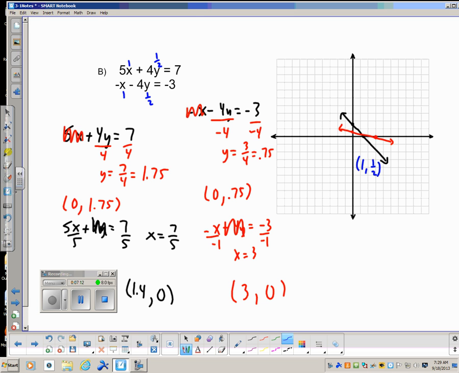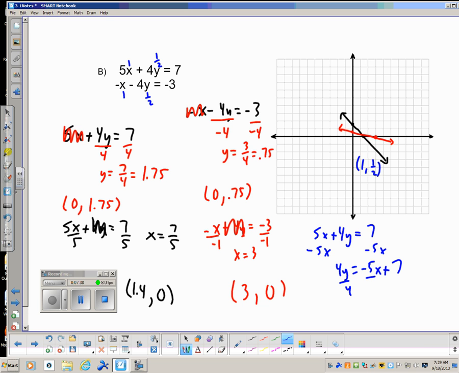The other thing would be to put it in y equals mx plus b form, but that can get kind of messy to graph, just because you've got a 5 in front of the x there, but we could do that. For this one, we've got 5x plus 4y equals 7. I could subtract 5x. I get 4y equals negative 5x plus 7.